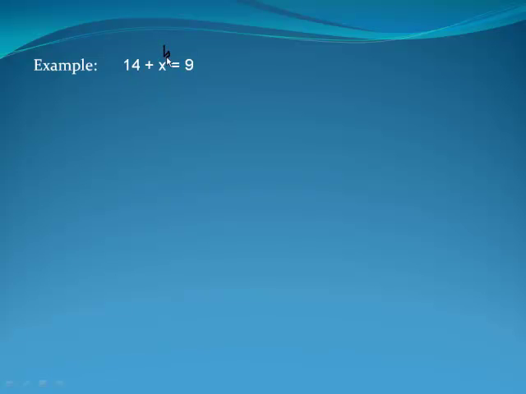Okay, another problem. 14 plus x equals 9. Again, we're trying to get x by itself. Isolate your x. So if we look at this 14, again, there's not an operation in front of it, but if you are trying to move that, just look at the sign ahead of it. We know that that is a positive 14, so to get rid of that positive 14, we're going to subtract it from both sides.